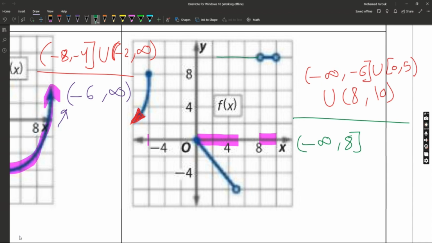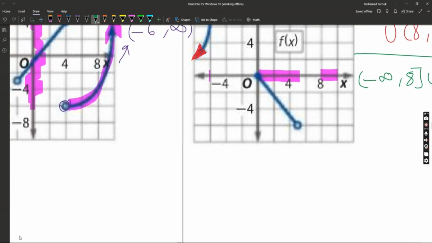And then we have this one. We have this value for y. It's 10. So we'll add only one number. So we cannot write it like this. We will just put braces. So it's the half open interval negative infinity and 8 union the set 10. Okay, let's continue.